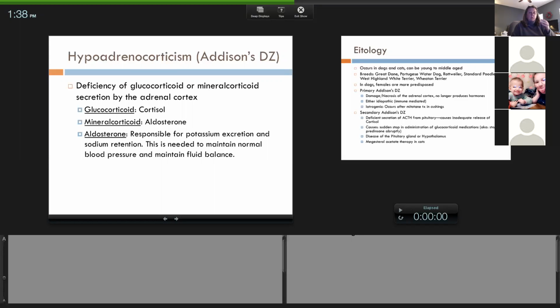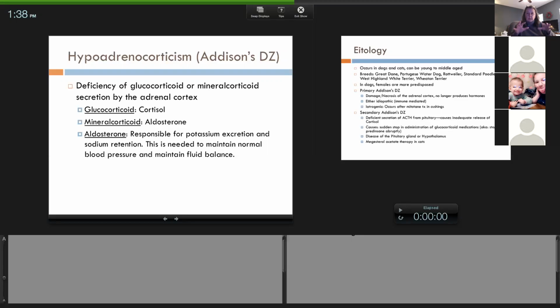The mineralocorticoid produced by the adrenal cortex is called aldosterone, and aldosterone typically balances the electrolytes in the body, like sodium, potassium, chloride. And the electrolytes in the body, their job helps to regulate cellular function, acid-base balance, fluid balance in the body.